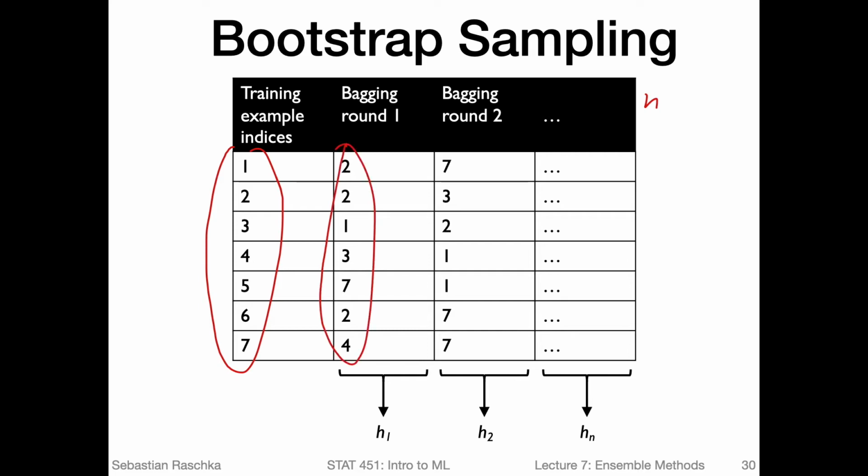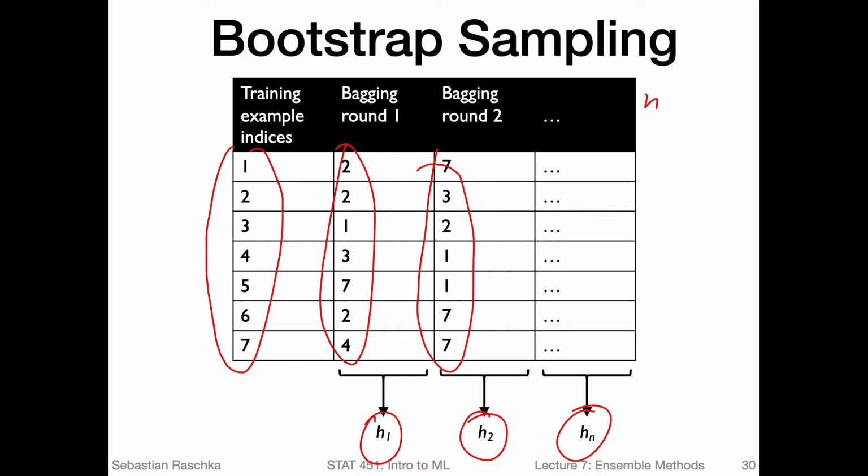Then this might be a possible first round in bagging. This is the first bootstrap sample. Then we have the second bootstrap sample and so forth. And we fit a classifier on each bootstrap sample independently. So we have n classifiers, 1 classifier for each bootstrap round.